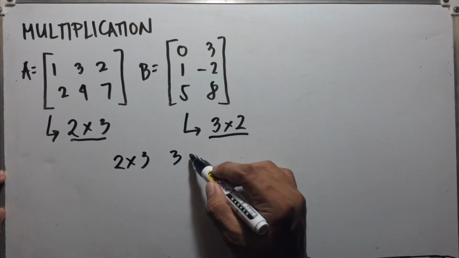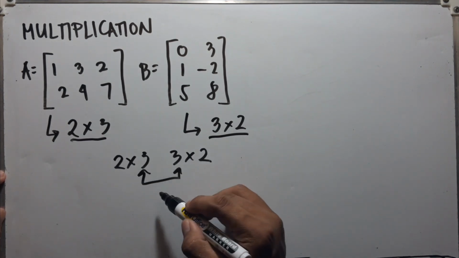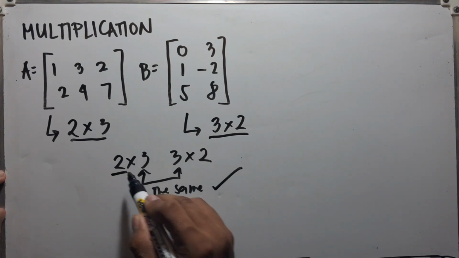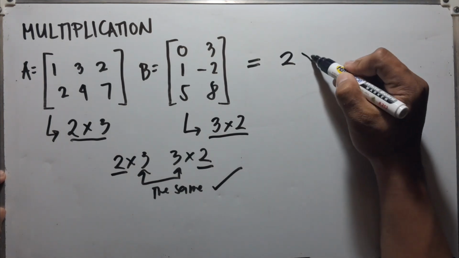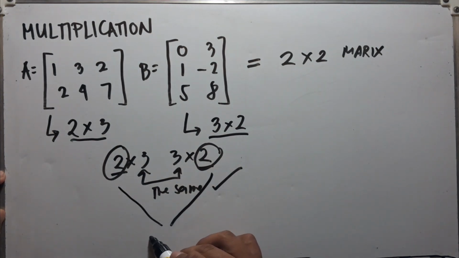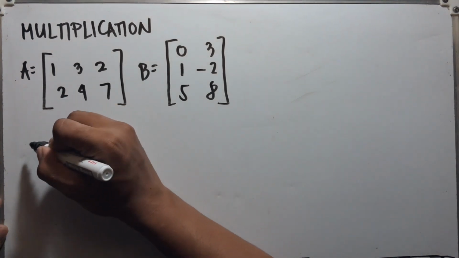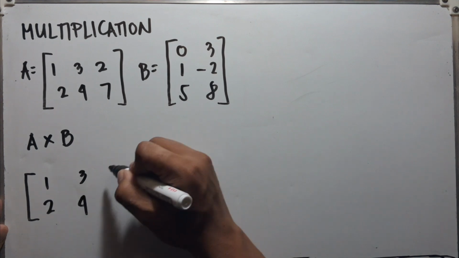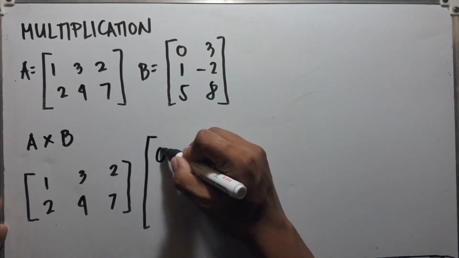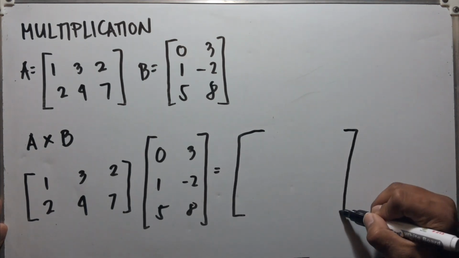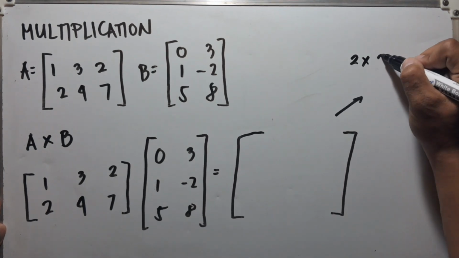The reason is that you have to multiply matrices where the number of columns of the first matches the number of rows of the second, just like that, 2 by 3 and 3 by 2. So the product of that will be a 2 by 2 matrix. Let's now do the process. Matrix A multiplied to matrix B. Remember, the product will result in a 2 by 2 matrix.